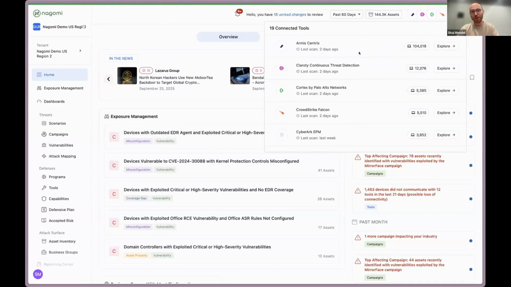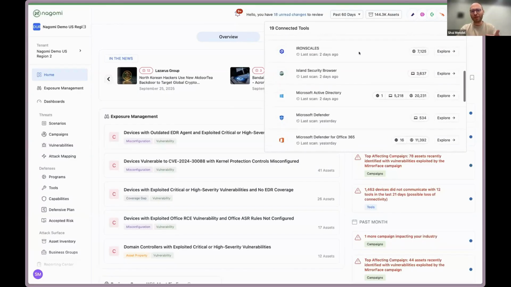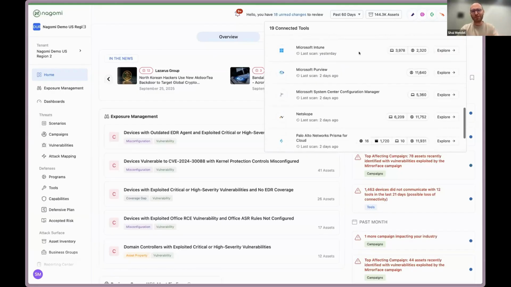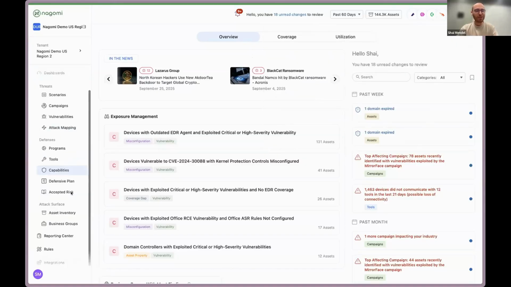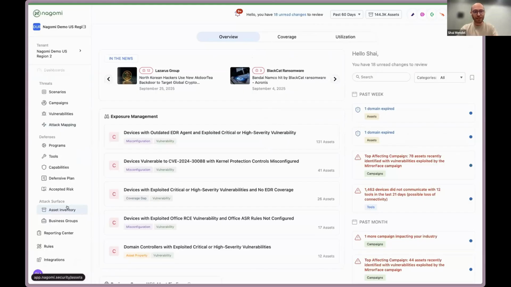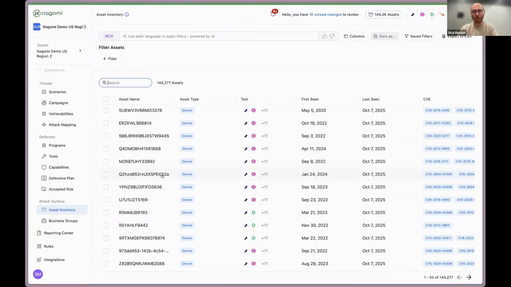By the way, this is a real customer's environment that was completely anonymized. You can see us connecting to different EDRs, identity solutions, email security solutions, security awareness training, and a bunch of others. While connecting to those tools via read-only API keys, we actually create the Exposure Lens. The Exposure Lens is not a regular asset inventory, as mentioned before.